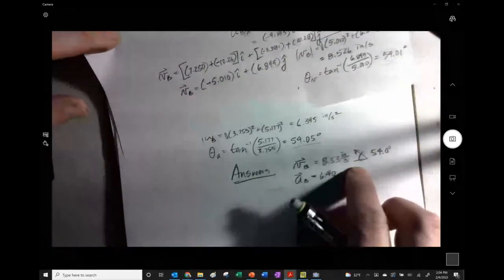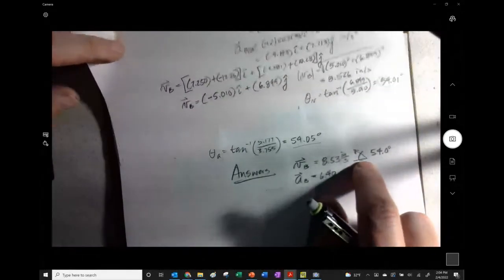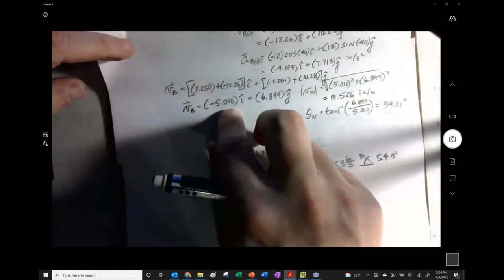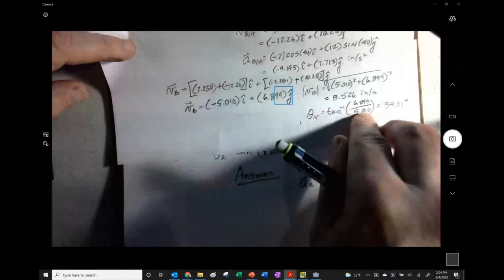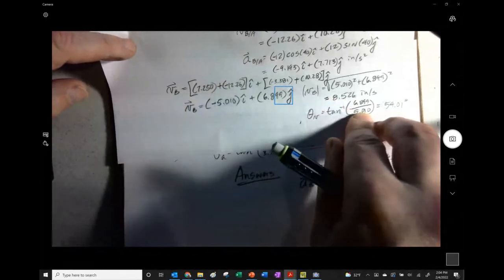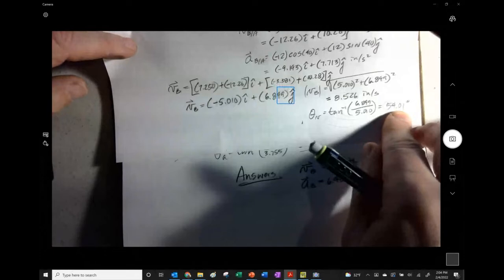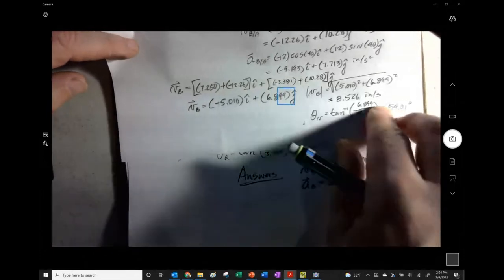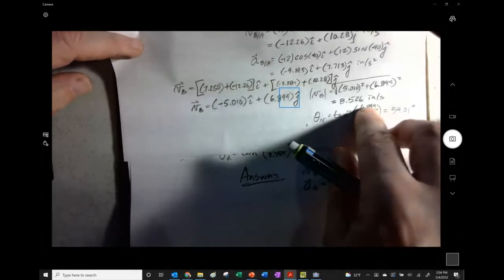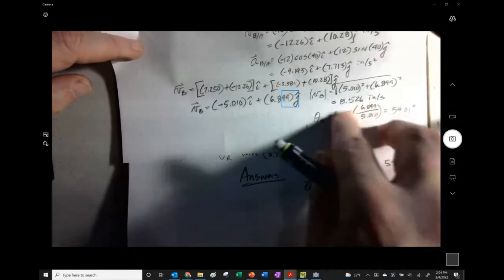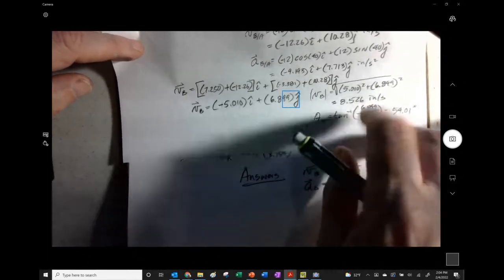So when I report the answer, that's when I decide to give the direction. Some calculators, if I put that negative in there, will report maybe the complement of this. But the trouble with a tangent is that you could have a negative over a negative, and it won't know whether it's negative or not.